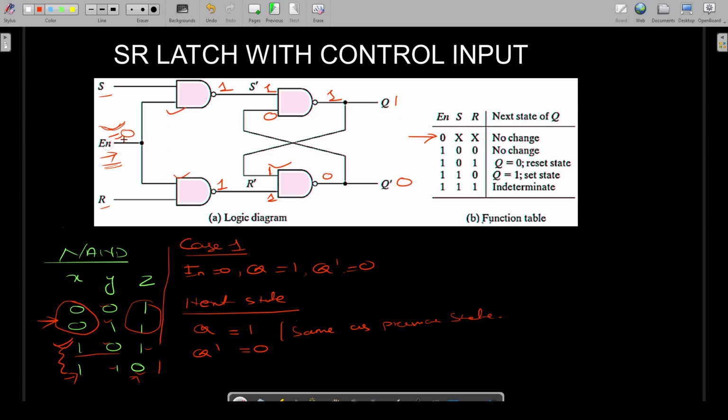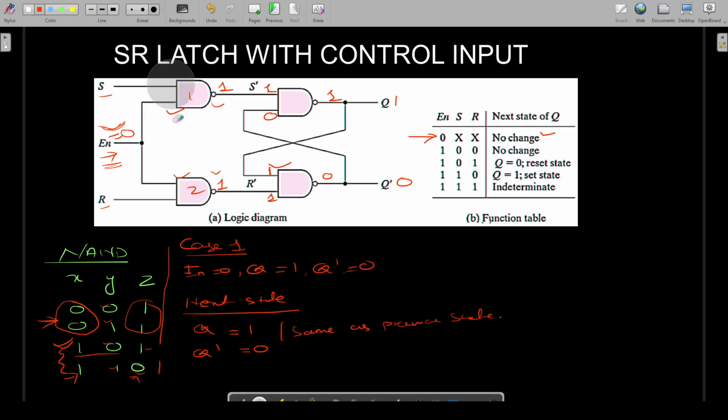If the enable pin is 0, these two NAND gates, 1 and 2, will give output equal to 1 independent of the value of S and R, and accordingly depending on the Q and Q dash, the output will be decided for the next state, which remains the same. Here it is written as no change. That means my latch is behaving as a memory, it will not change its value.